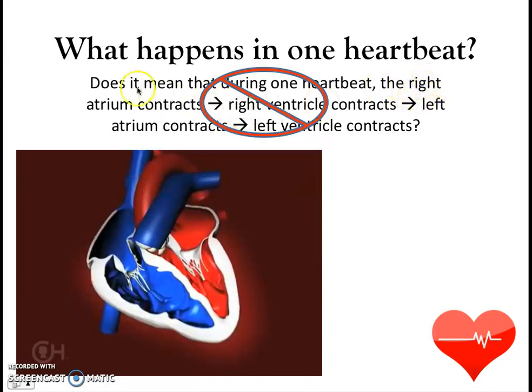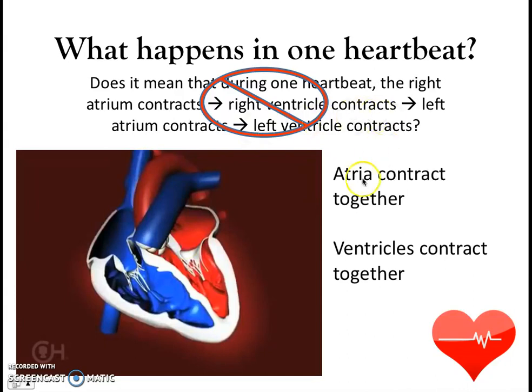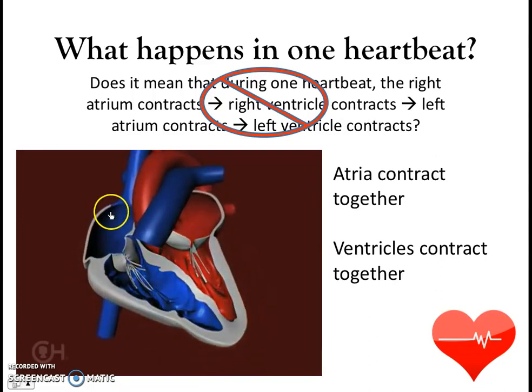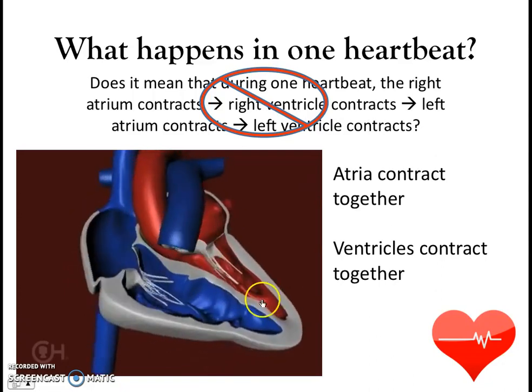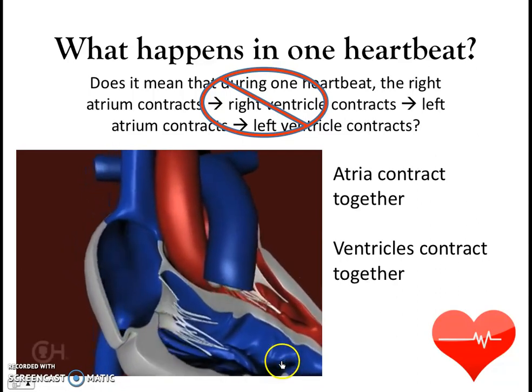It's not that the right atrium contracts first, then the right ventricle, then the left atrium, then the left ventricle. Instead, we notice that the atria contract together and the ventricles contract together. Take a look again. You can see that the atria contract together, and then the ventricles also contract together.